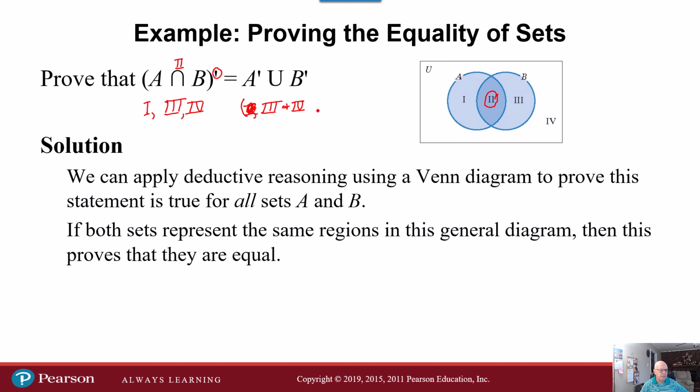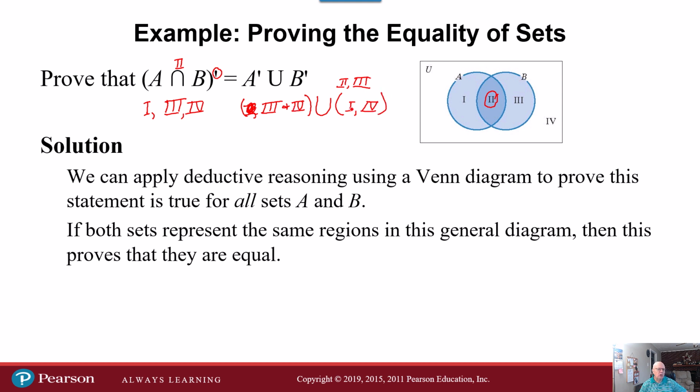Okay, good. Now we're going to take that, union that with B complement. What's B complement? Well, B is 2 and 3. 2 and 3. What's not in B is 1 and 4.